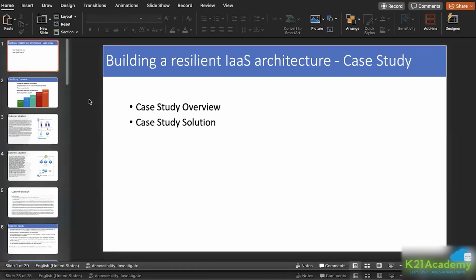And trust me, this will really help you in visualizing the problem statement. It will give you an idea of how to start thinking about a problem statement and what kind of thought process you can come up with. It will help you in your day-to-day job as well, right?